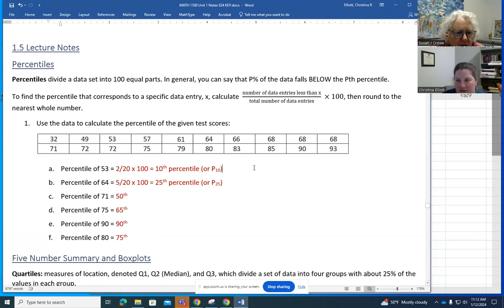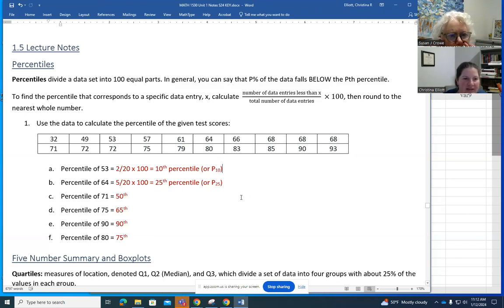So 10% falls below that value, because 2 divided by 20 times 100 is 10. So it's the number below divided by the total number in the sample, multiplied by 100.